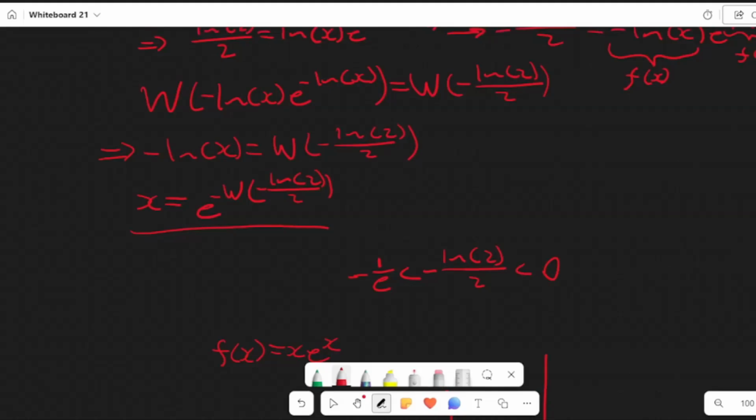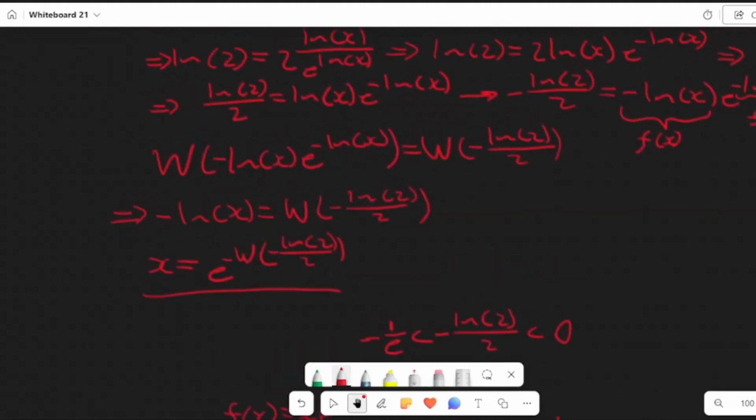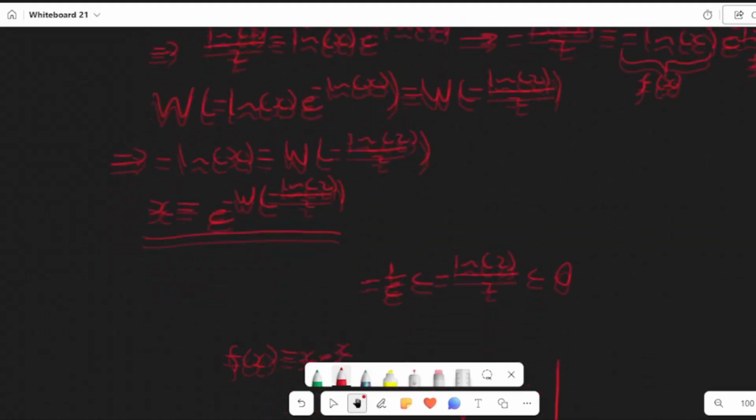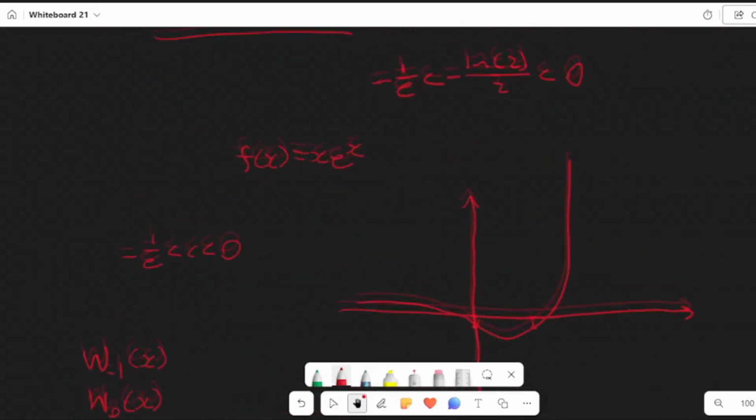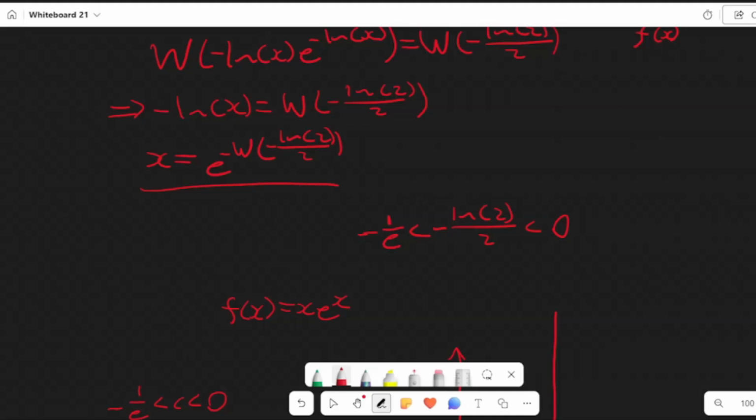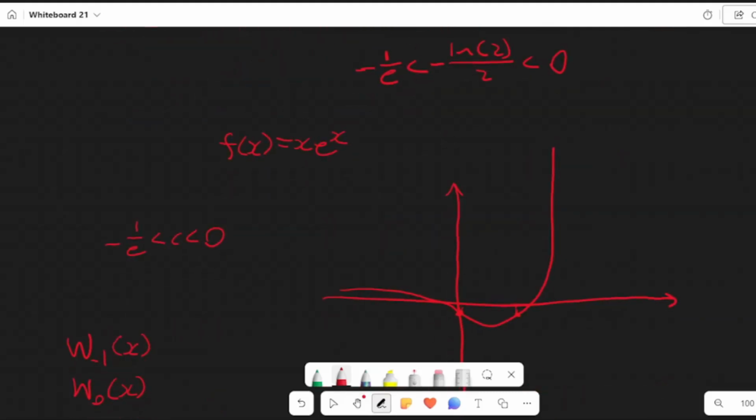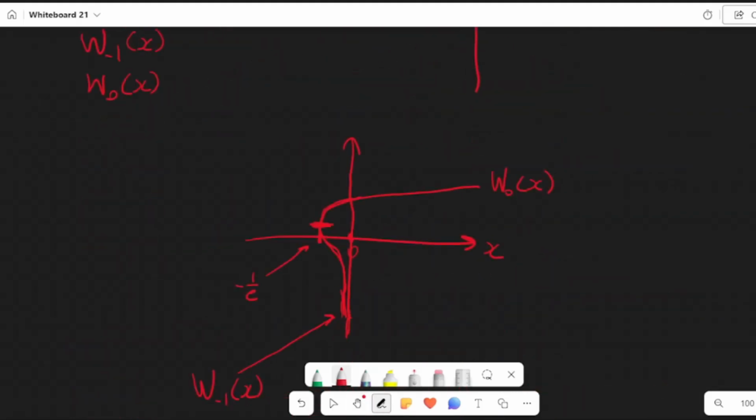It just gives us an algebraic alternative, I guess you can say, when it comes to solving these types of equations. But for our solution here, we actually get two solutions, that being x equals e to the negative W0 of negative natural log of 2 over 2, which, if we look down here, is within our 0th branch, so it's going to be the solution that is somewhere here.